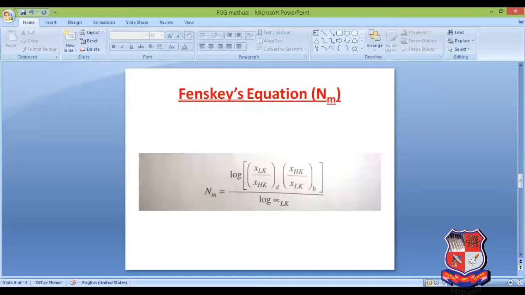So take the log of that. Students sometimes make a mistake when log is used. You should go with base 10, and when ln is used, you should go with base e. So over here, log is given, you should go with base 10, right? Divided by log of alpha lk, right? In that way, you are going to find out Nm.